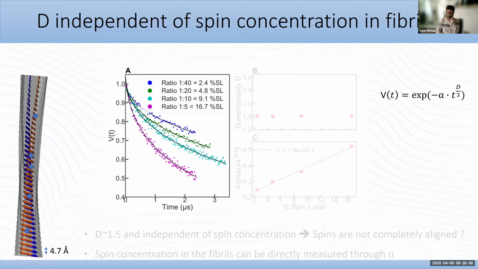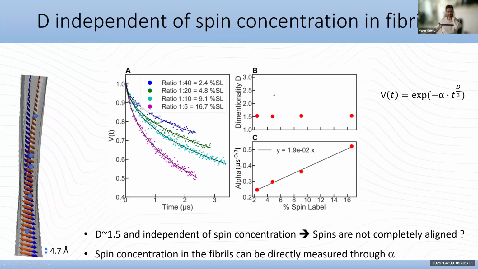So this is the data, then we fit it, and this is the result that we found. I think this is the very first result we got that really got us excited, because first we get a reliable, very consistent dimensionality here, 1.5. I will come back to this after. Then we also get, as expected in a sense, but it wasn't a given because it's a complicated system when we polymerize something, an alpha that is proportional to the spin label.